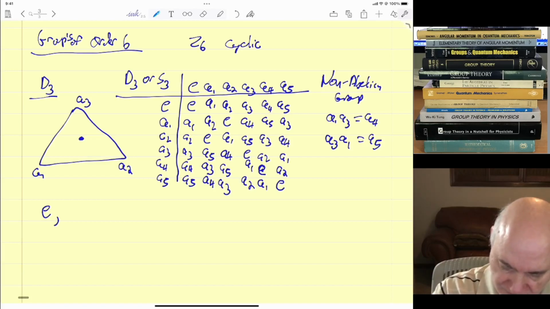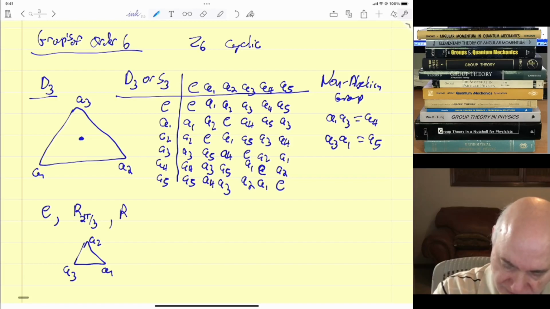So in that case, I'll just put rotation 2 pi over 3. We can rotate it by 240 degrees. Notice when I do this rotation, I would have an equilateral triangle where A1 would be here, A2 would be here, and A3 would be here.